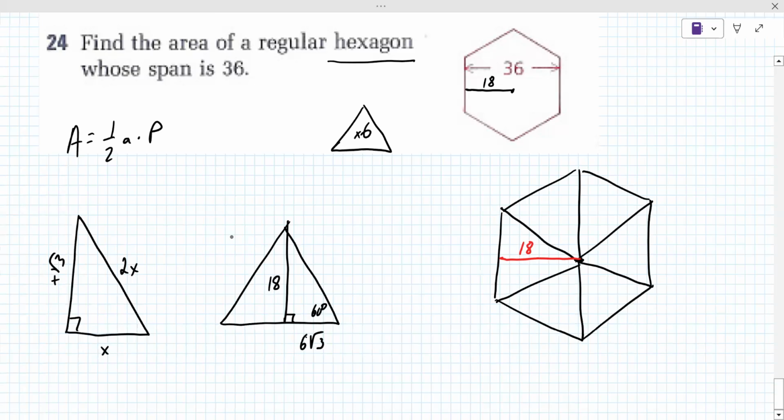Okay. So the entire side would be 12 root 3. So again, you have a choice here. You can use the 1/2 the apothem times the perimeter, which works really good here. You've got the apothem. You can calculate the perimeter. There's 6 of those, or you can find the area of one of these triangles and multiply by 6.